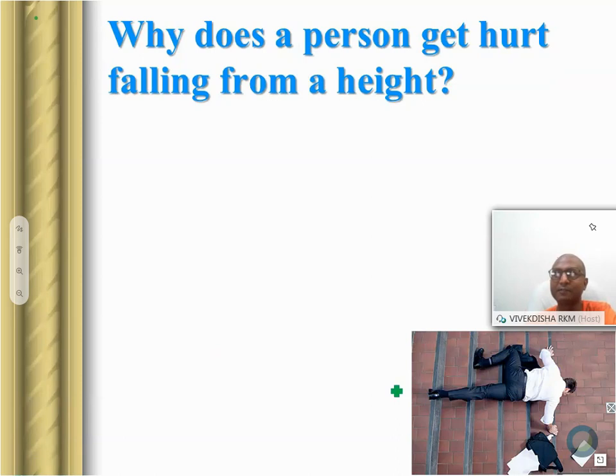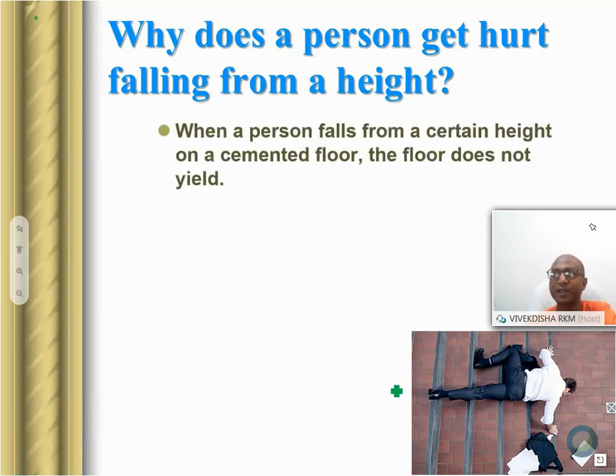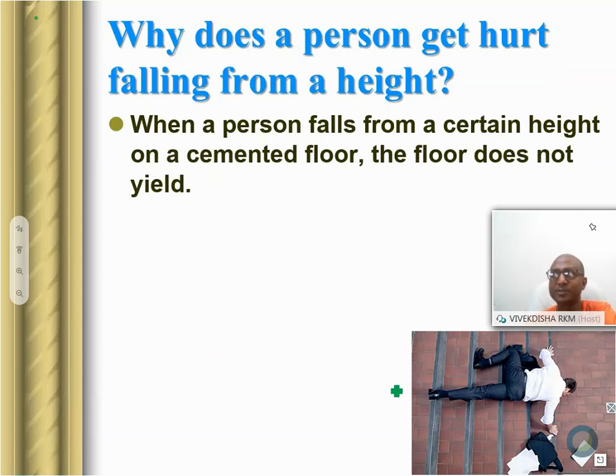I would like to analyze the event first, to understand it. When a person falls from a certain height onto a cement floor or something like that, the floor doesn't yield, the floor doesn't change itself. It remains as hard as it is.